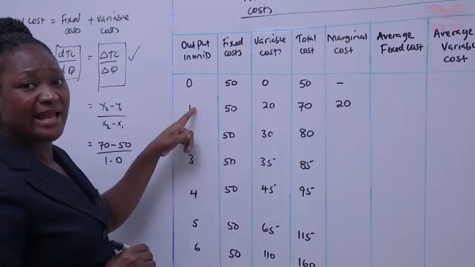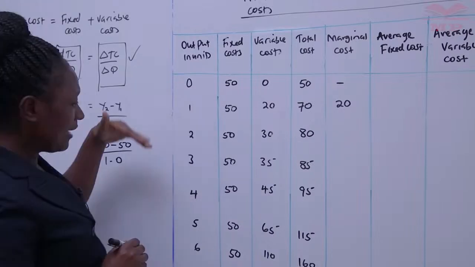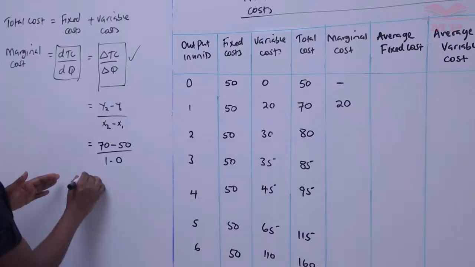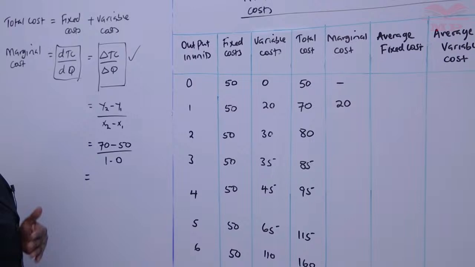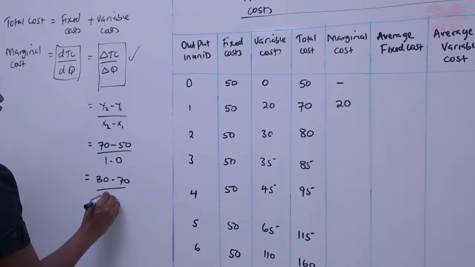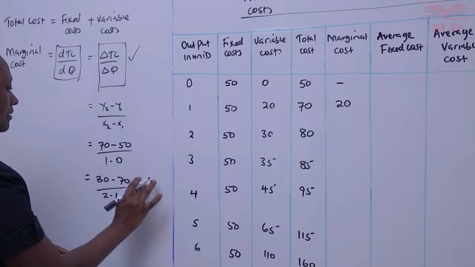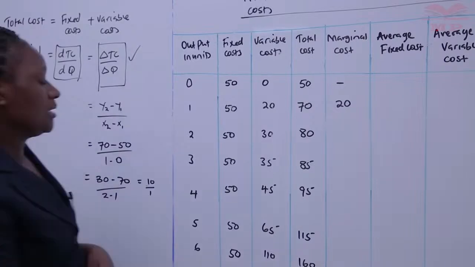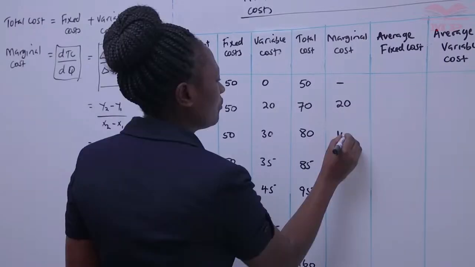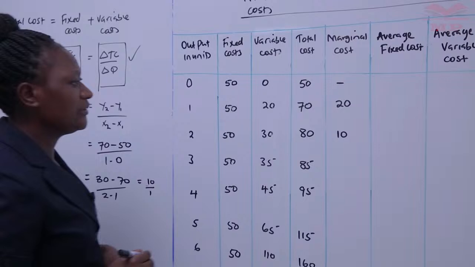Because we are increasing the level of output by 1, we will simply be dividing by 1. So it is the same as 80 minus 70 over 2 minus 1, which is just the same as 10 divided by 1. So the marginal cost for the second unit will be 10.